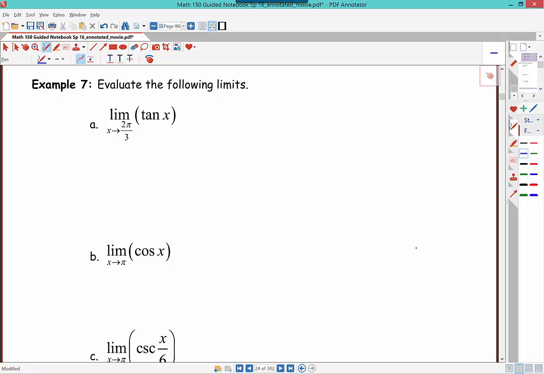I never memorize the outputs of the tangent function or anything except for the cosine and sine functions. So basically, this is equivalent to the limit as x approaches 2 pi over 3 of sine at x over cosine at x using our quotient identity for tangent at x.